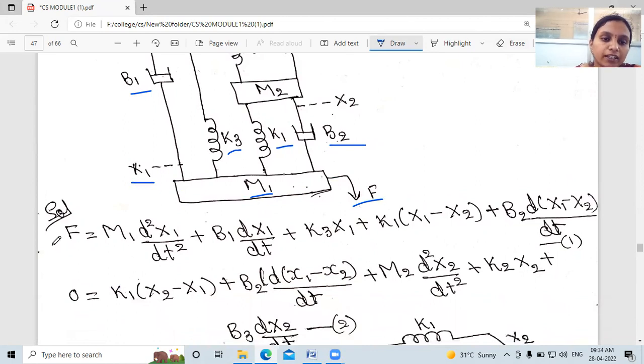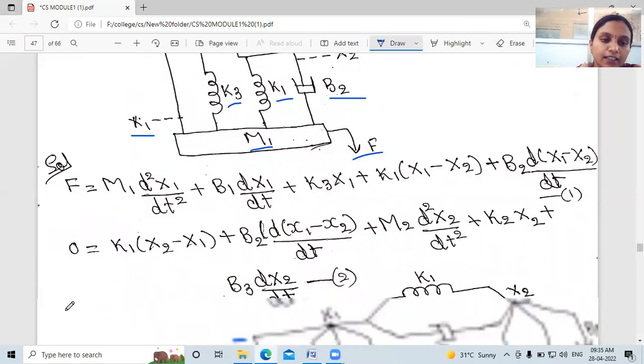So the equation is: force equals M1 d squared x1 by dt squared plus b1 dx1 by dt plus k3 into x1 plus k1 into (x1 minus x2) plus b2 d of (x1 minus x2) by dt. This is the first equation for the first displacement.